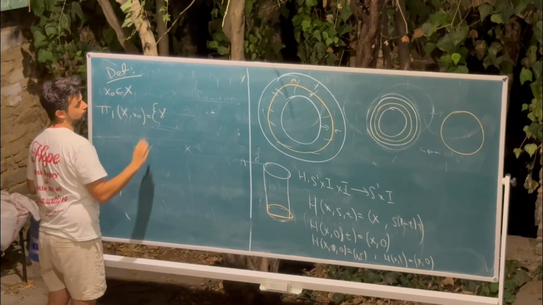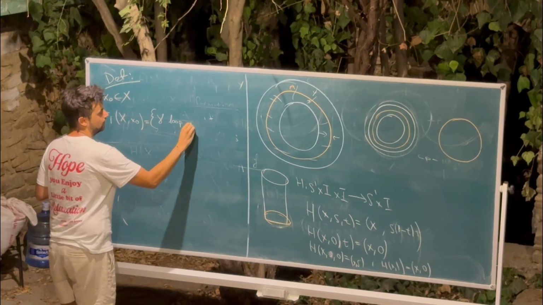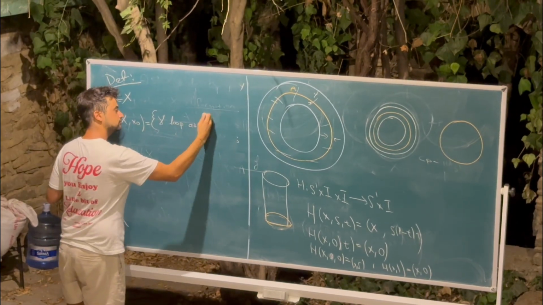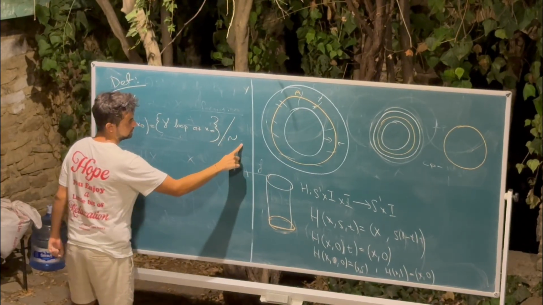This is a set of all loops at x0, but I have an equivalence relation on it.